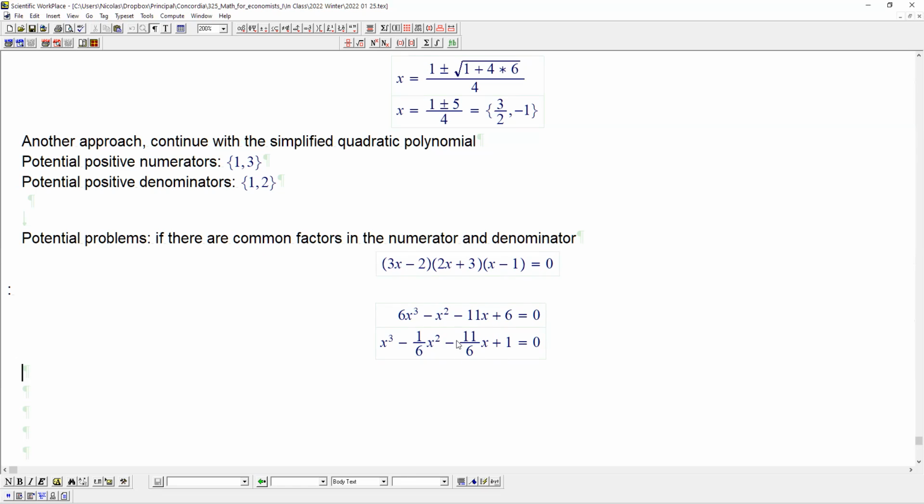And I don't know what to do. So here I have an inkling that something is fishy because I have these fractions there. So maybe it gives me the idea that I have to multiply by 6. But I'm not guaranteeing that it's always going to work.